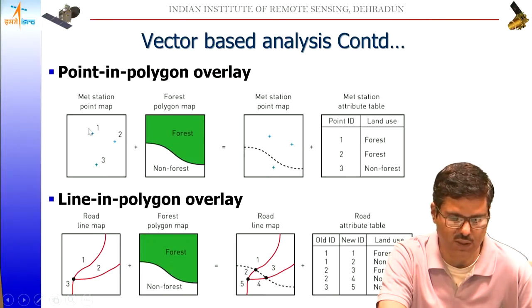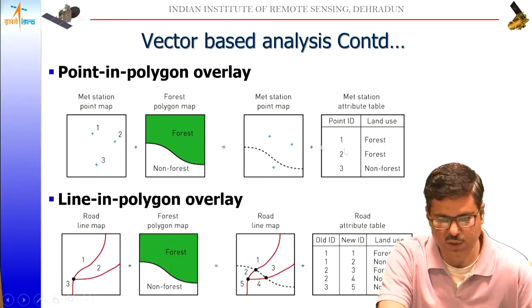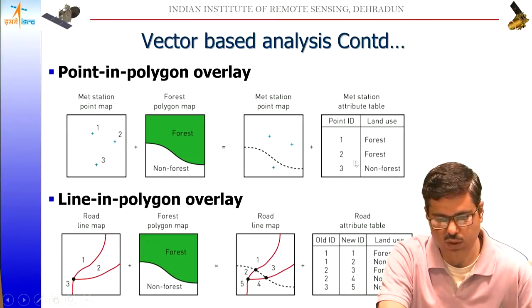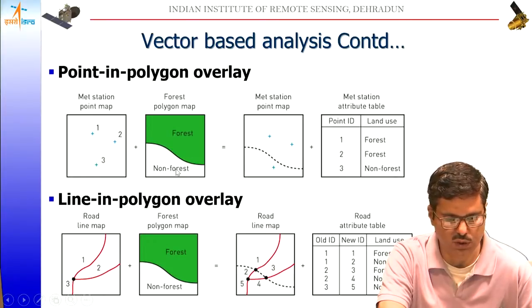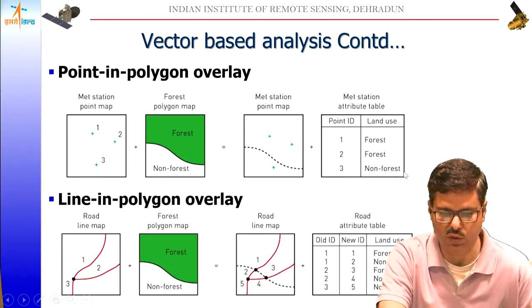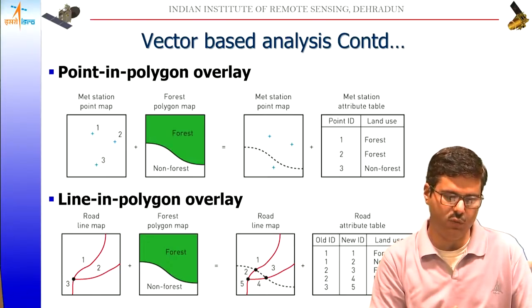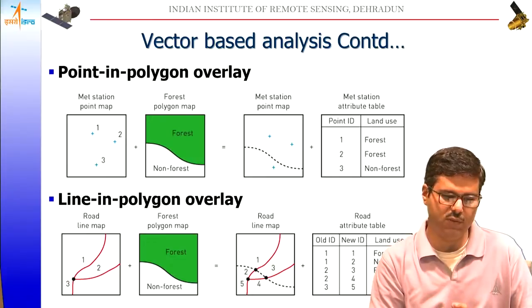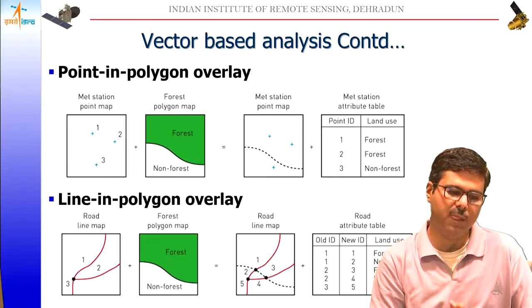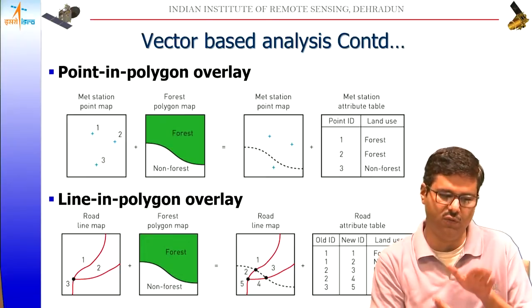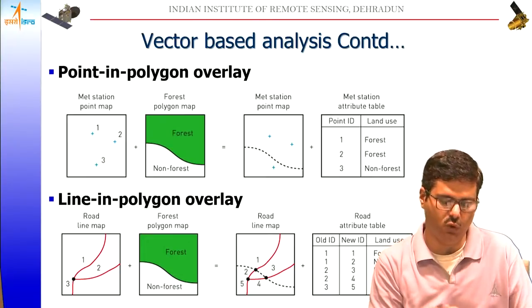So now we can identify that point 1 is coming within the forest region. Similarly, point 2 is coming in the forest region, and point 3 is coming in the non-forest region. This is quite useful information in case we have location-specific information about a phenomenon, but we want to look at it spatially and check which region it is falling in.